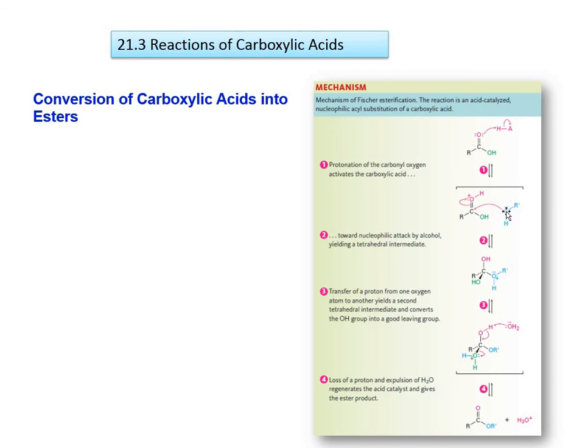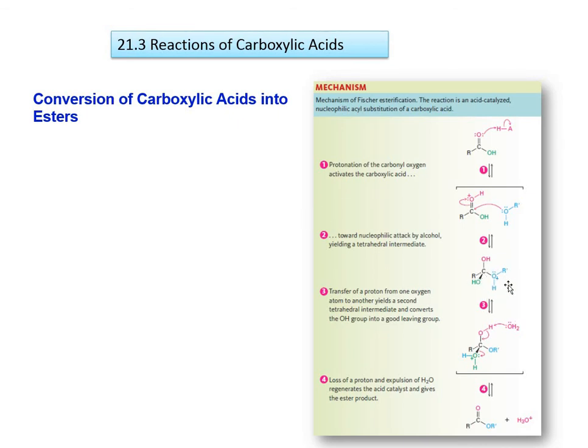The alcohol will act as a nucleophile and attack the protonated carbonyl carbon, because when you have protonated carbonyls, the carbons are much more electrophilic. Oxygen doesn't like positive charge, so it wants to attract the electrons more to be neutral. That's the reason why the carbons are much more electrophilic.